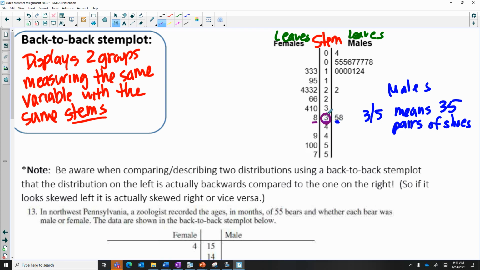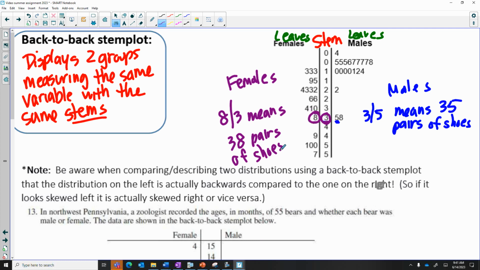You have to read stem to leaf. So this 8|3 for the females is reversed. It means 38 pairs of shoes for the females. So just be careful, because whichever one you're reading from left to right is the straightforward one, and the other one winds up being backwards, all right?